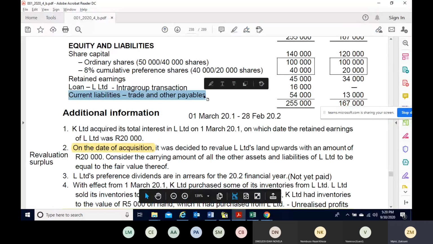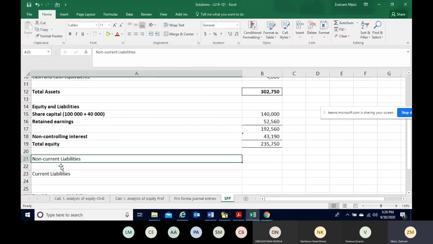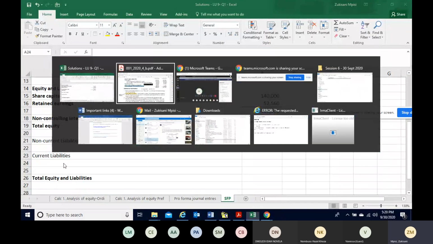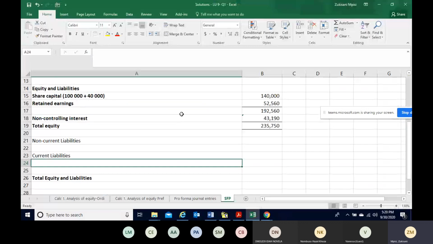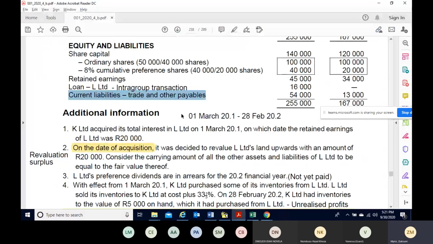I only see current liabilities. I don't see anything about non-current liabilities. So under current liabilities, what we have is trade and other payables. So what is trade and other payables?